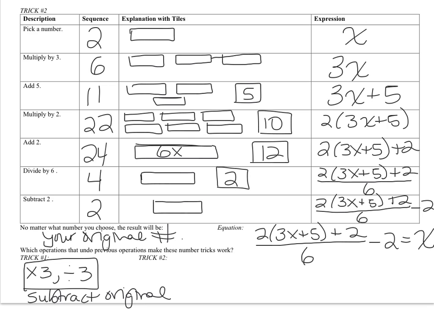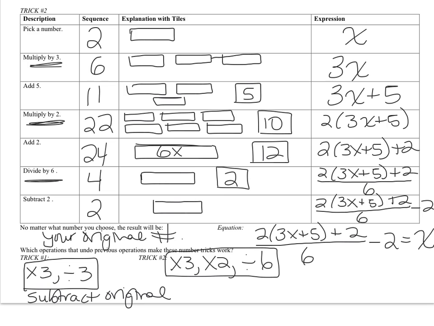All right, so now trick number 2, everybody ended up with their original number. So we kind of already talked about it: the second I said multiply by 3, multiply by 2, then I said divide by 6, these operations cancel each other out.